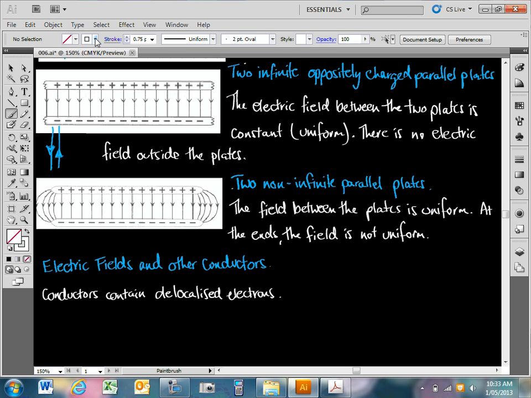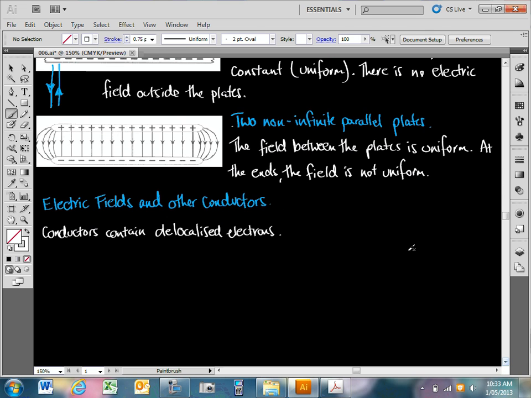We know also this situation. Who's played with a Van de Graaff generator? We might have to play with one. A Van de Graaff generator looks something like this.